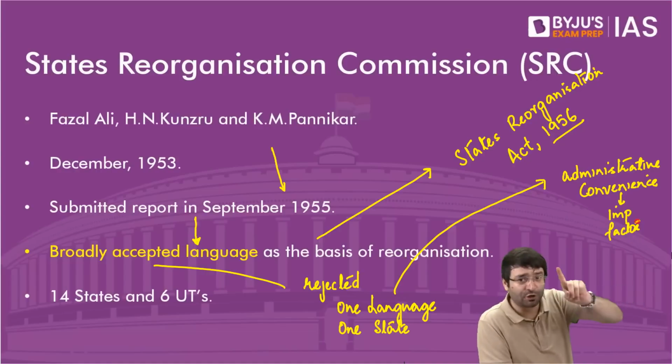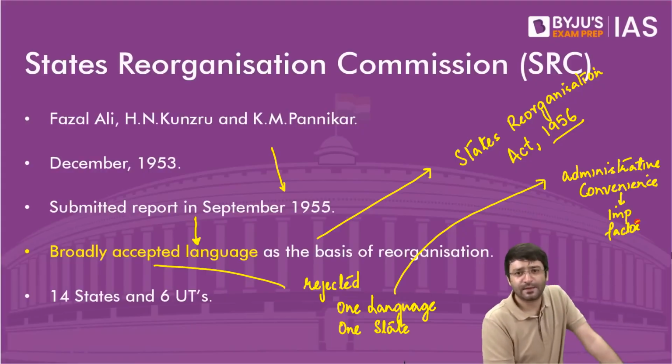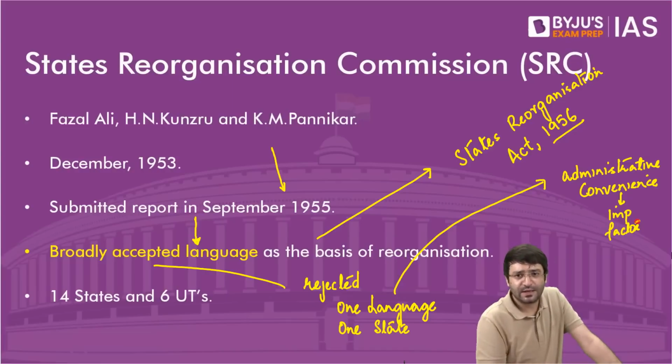That commission said, not on the basis of language, only on the basis of administrative convenience. JVP committee in December 1948 said, language, no. Administrative convenience, yes, can be the basis for reorganization. Then constitution was enacted. Then Potti Sriramulu went on hunger strike, and then he passed away, unfortunately. And then Andhra was created as a linguistic state.